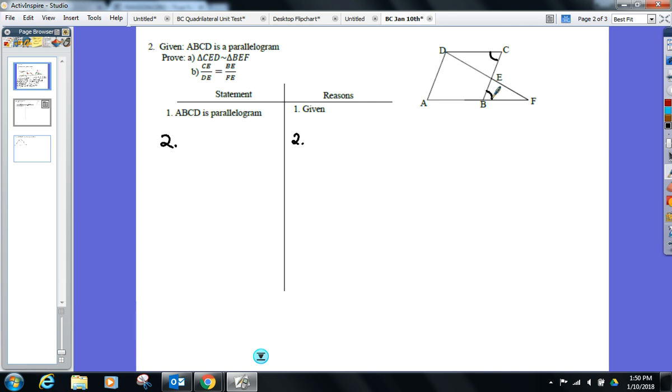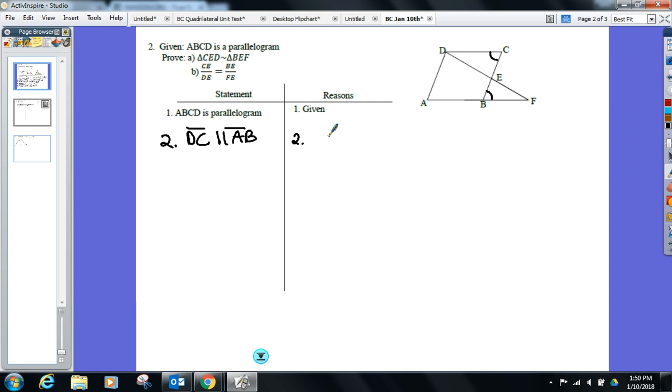That is true, but I don't have parallel lines yet. How do you know those lines are parallel? Okay, I need to put the parallel lines first. So DC is parallel to AB. That's got to go in there first before I mention the alternate interior angles.